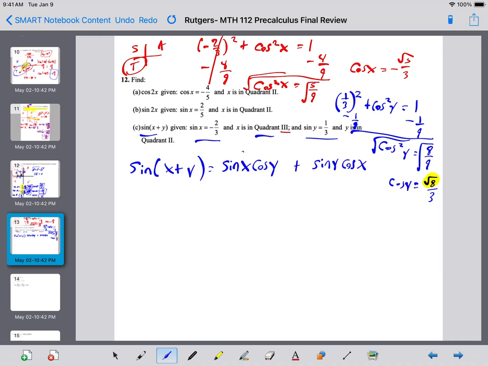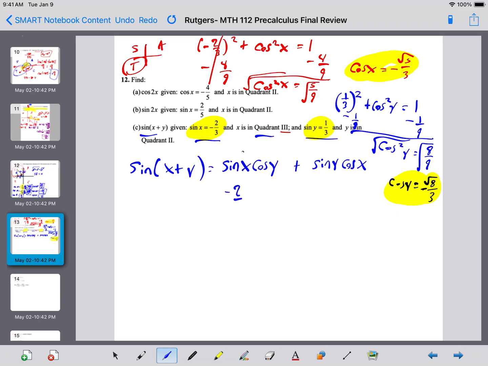So, let me highlight all my cosines. This is cosine of y, and also, what was that? That was quadrant 2. So, because it's quadrant 2, all students, so it should be negative. So that's your cosine of y, this is your cosine of x, this is sine of x, and this is sine of y.